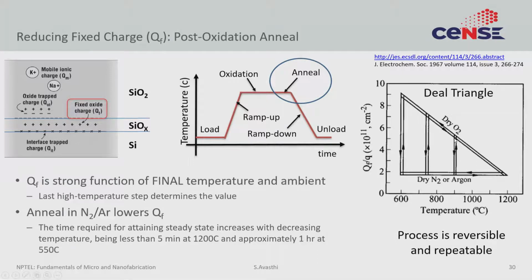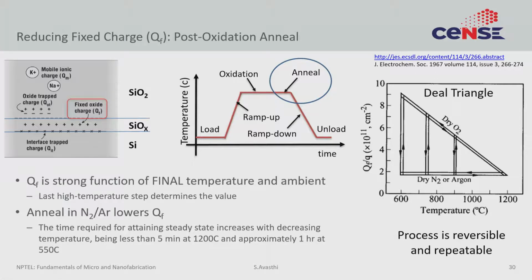It will go from 5 into 10 to the power 11 to 2 into 10 to the power 11. That is why this step is added to the recipe, because this is what allows you to go from this point to this point, which reduces your defect density.